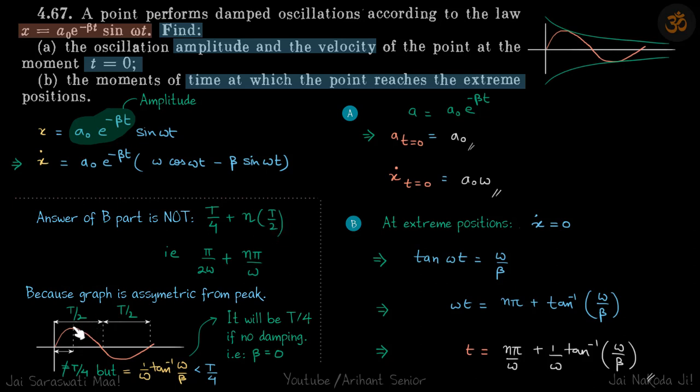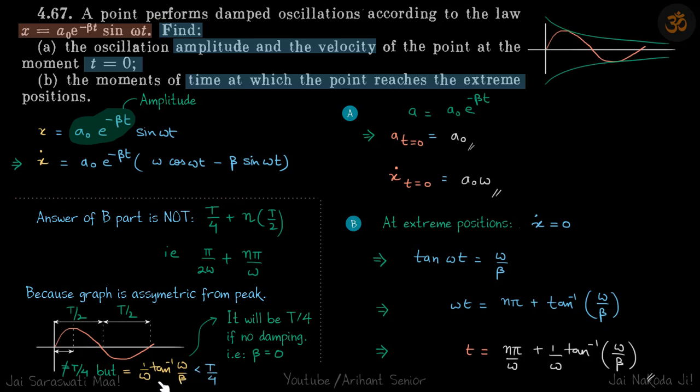After this peak, you have to again go by distance T by 2 to get the next peak, then again T by 2 to get the next. But the first peak does not come at T by 4, it comes at this value and not this value, which is T by 4. So you can see the graph is asymmetric. This is less than T by 4 and this is greater than T by 4, but the sum total is of course T by 2.